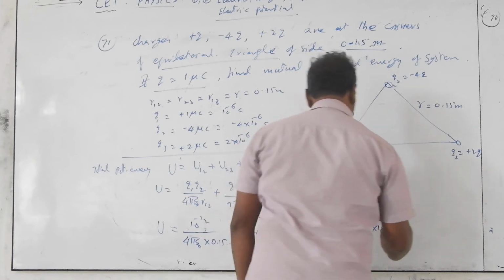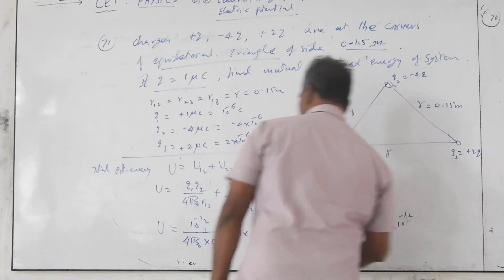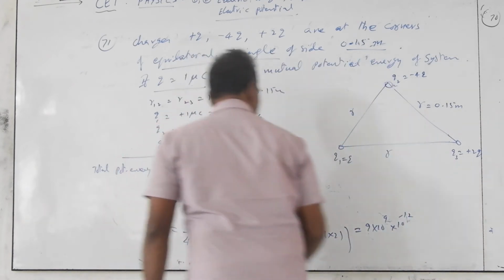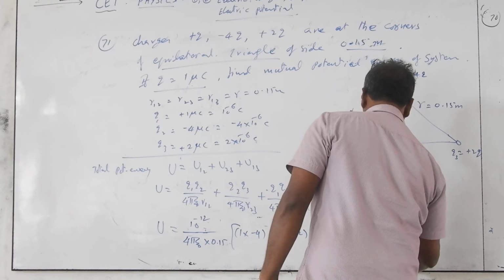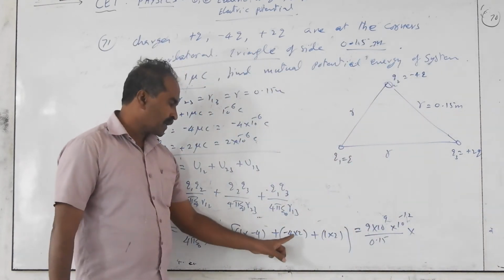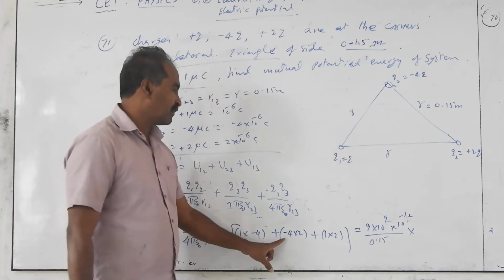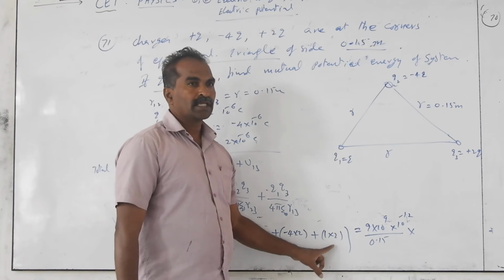This is 1 by 4 pi epsilon into 10 to the power of minus 12 by 0.15 into, this is minus 4 minus 8, minus 12, minus 12 plus 2 is minus 10.